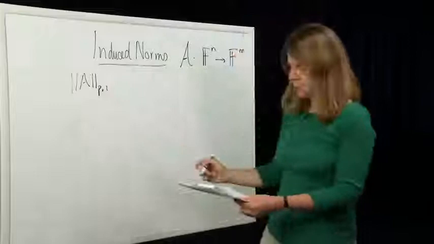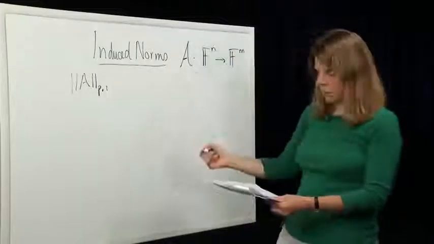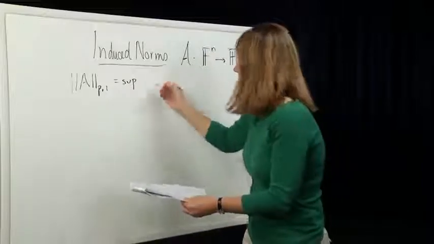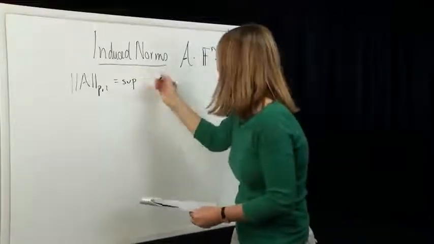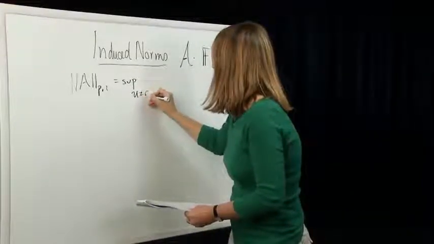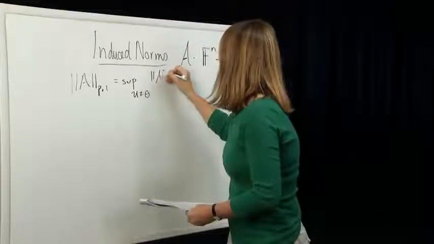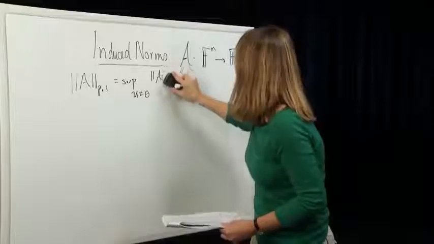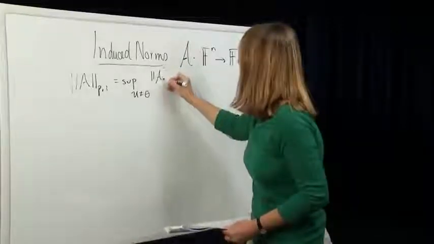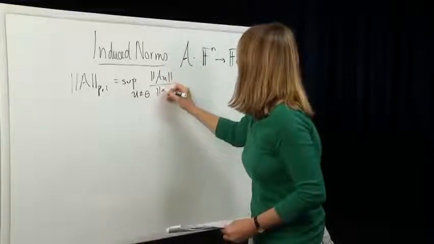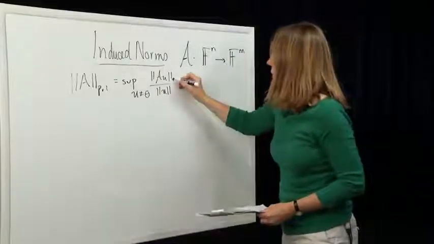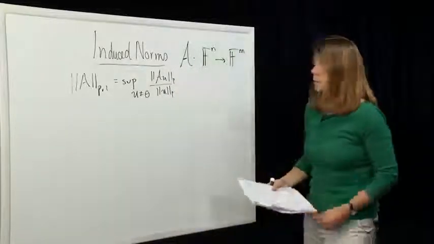So the induced P norm on the operator A is equal to the supremum over all vectors U not equal to 0 of the norm of AU over the norm of U. And in this case, this would be the P norm in the appropriate spaces.